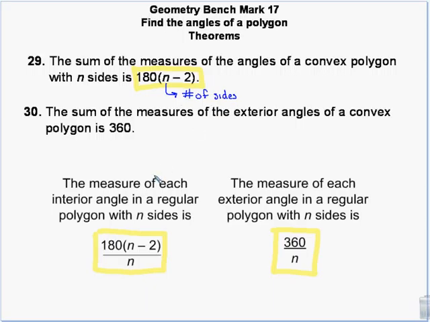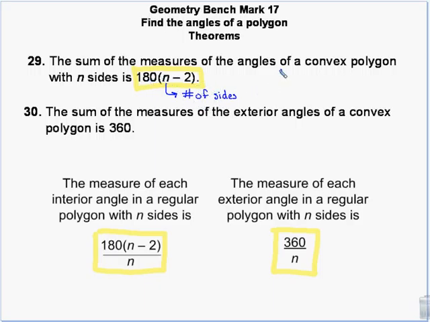There's a reason this formula works, because every polygon can be broken down into triangles. And then you can use the triangles to find the total angles of the polygon. But rather than go the long way around, you can just use the formula.